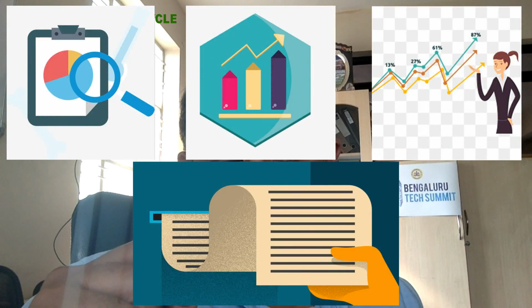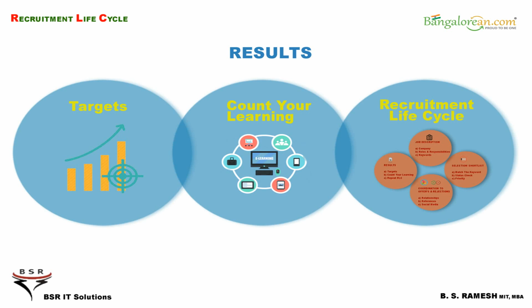The fourth is result. So either your recruitment company, wherever you're working, or a corporate organization, everybody expects you to deliver results. So for a good recruiter, one is he needs to be technically sound, it may not be IT or anything, but he needs to understand. Second, and the most important part, is he has to be psychologically good enough.